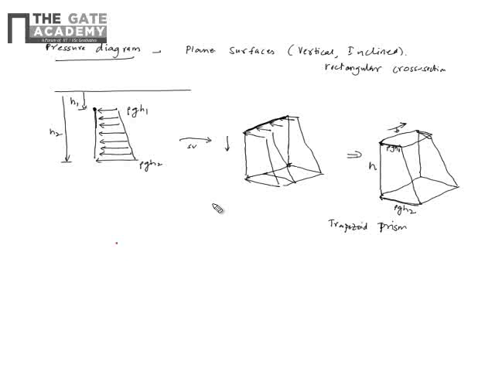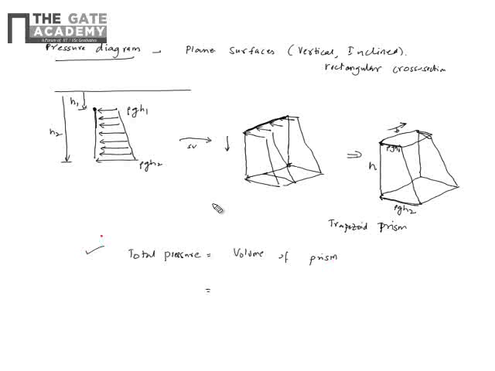From the derivation it comes that the total pressure is nothing but the volume of the trapezoidal prism. So this is one important concept.